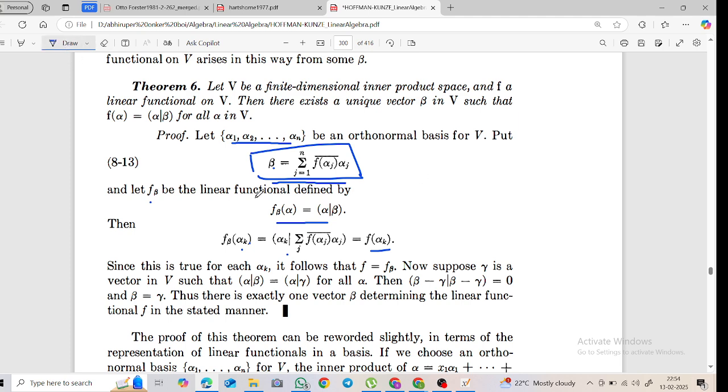The intuition comes from the dot product actually. If you look at it carefully, you will realize that the intuition actually comes from the dot product.